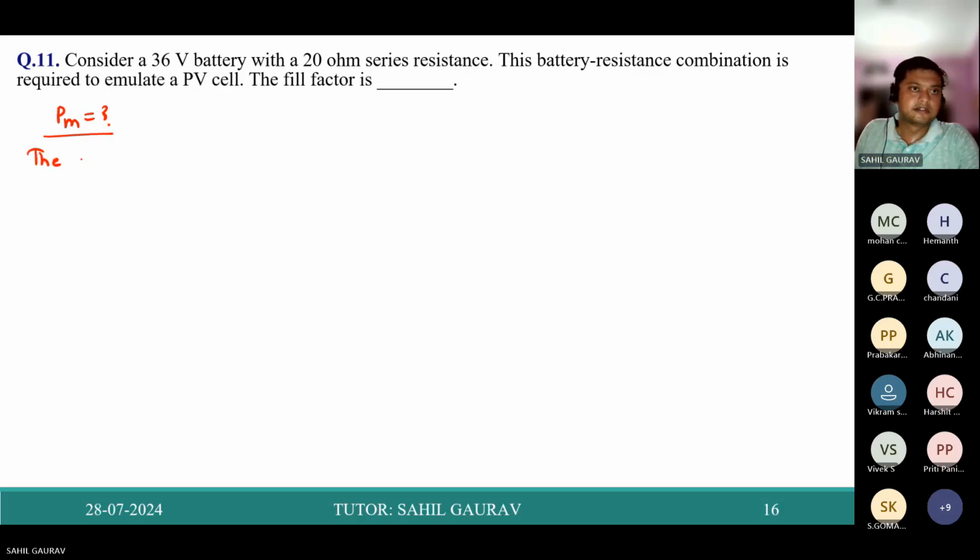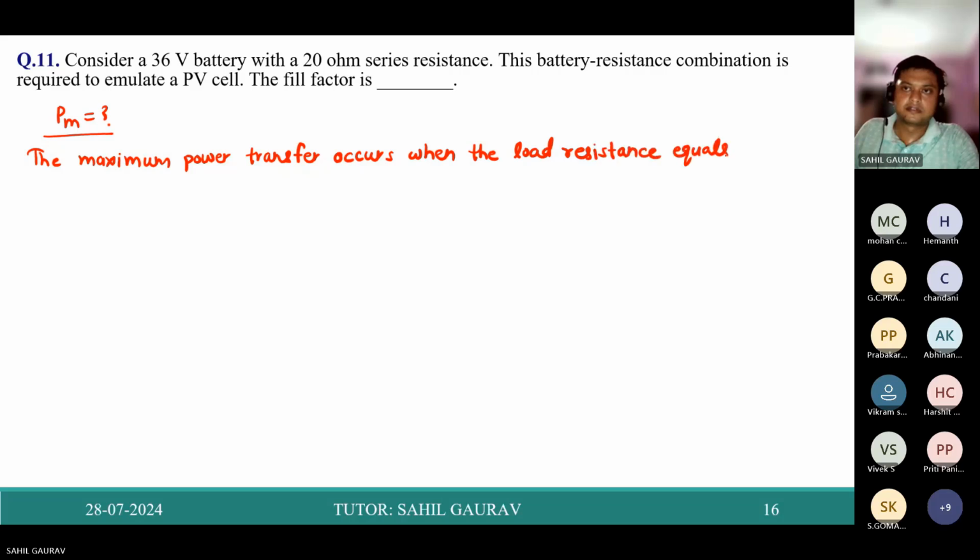The maximum power transfer occurs when the load resistance equals the source resistance, or series resistance.